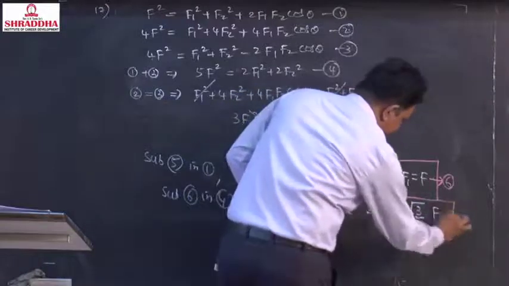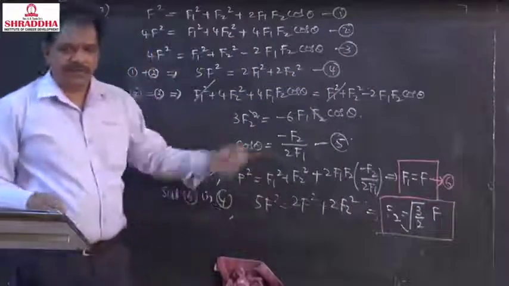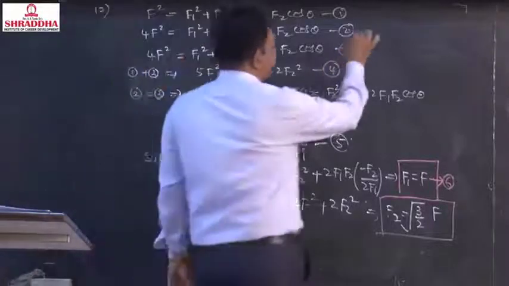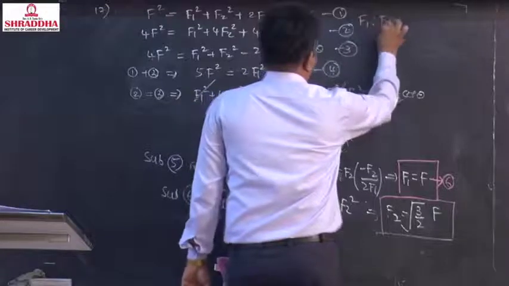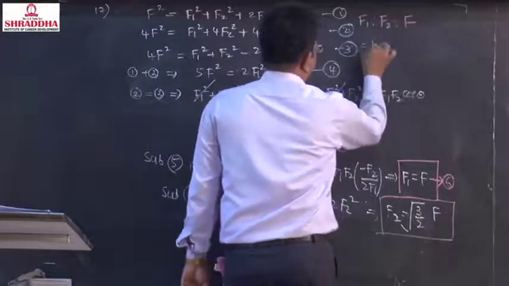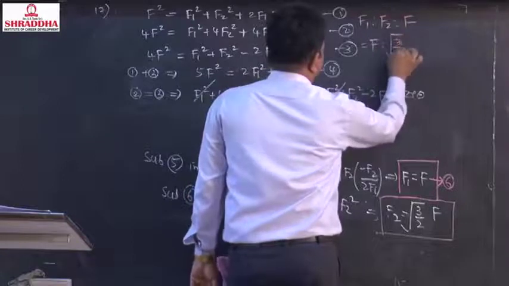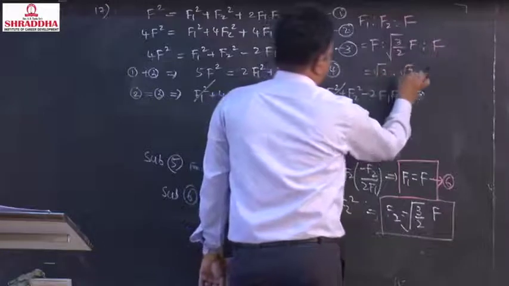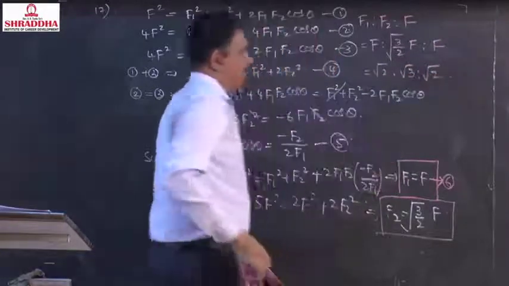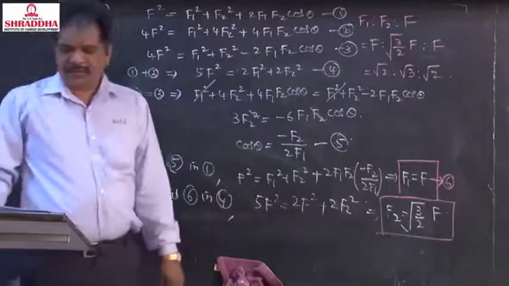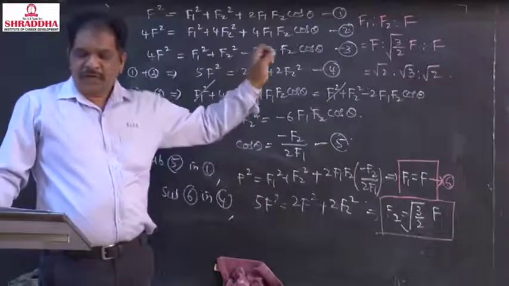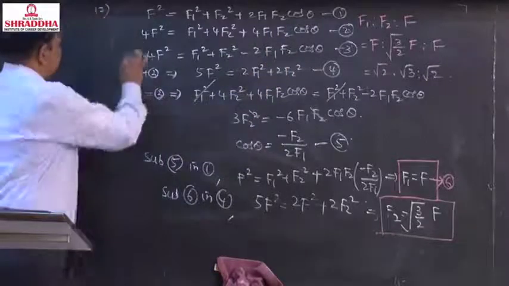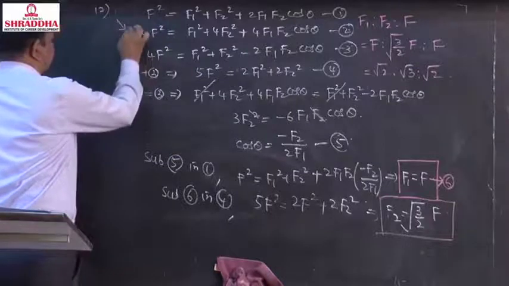With a little bit of patience you have to do just calculation only. Then F1 is to F2 is to F means F is to root 3 by 2 F is to F. Root 2 is to root 3 is to root 2 will be the answer for that. So option number 4 is the answer, D. 17 answer will be D.